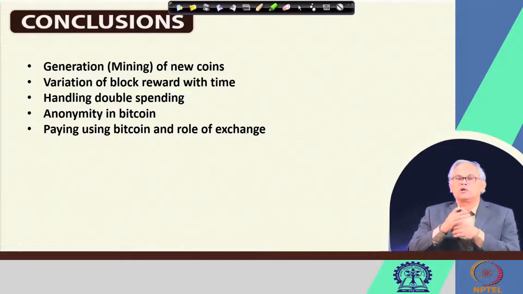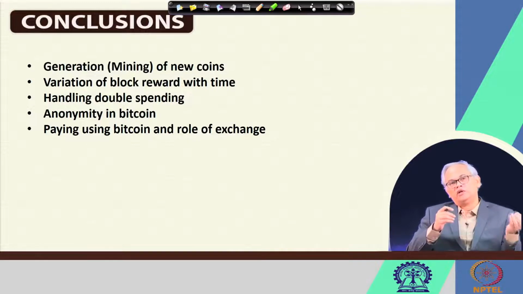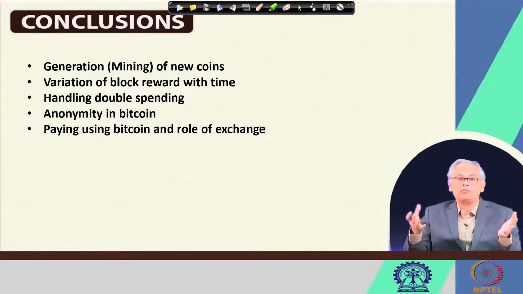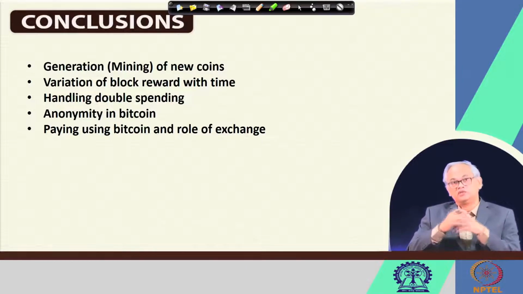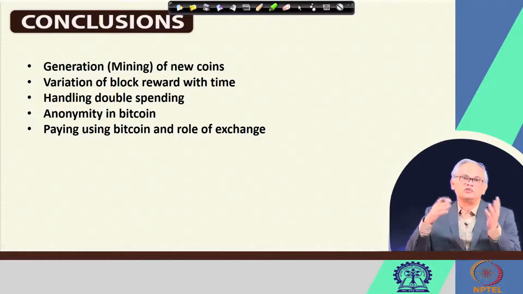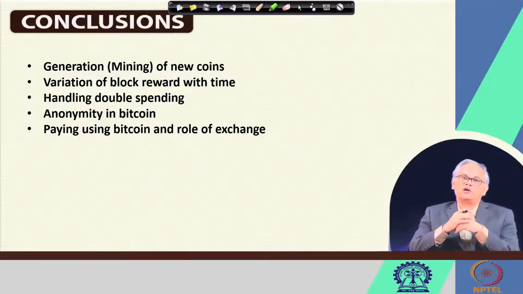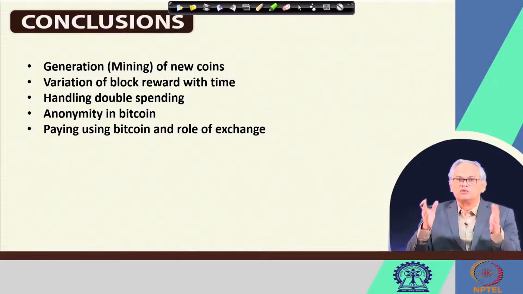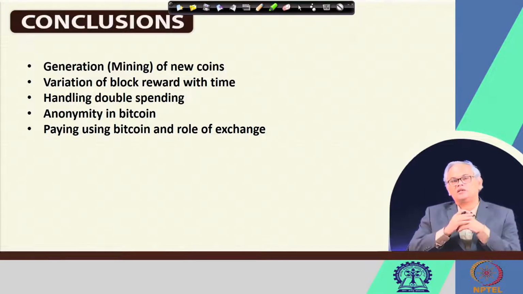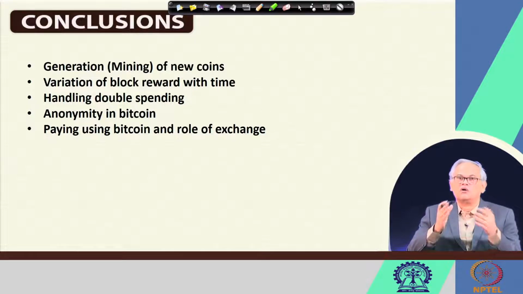And we have also talked about how double spending is handled in the Bitcoin network, and anonymity in Bitcoin, as we said, that it is pay to public key hash. One can have multiple public key private key pairs, and the payments could be to different such public keys, which is very interesting. And of course, you will be able to pay using Bitcoin for physical service or product purchases, depending on the laws that are valid in different countries, including our country.